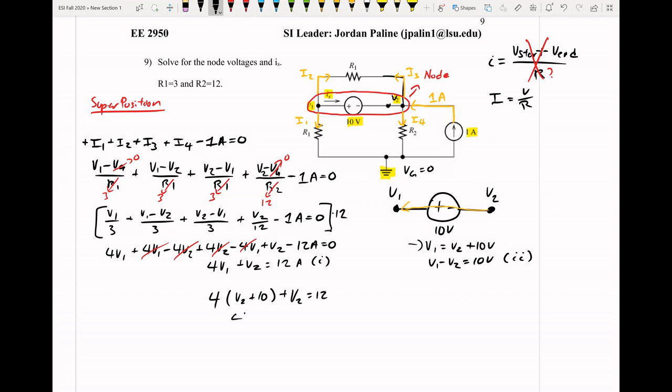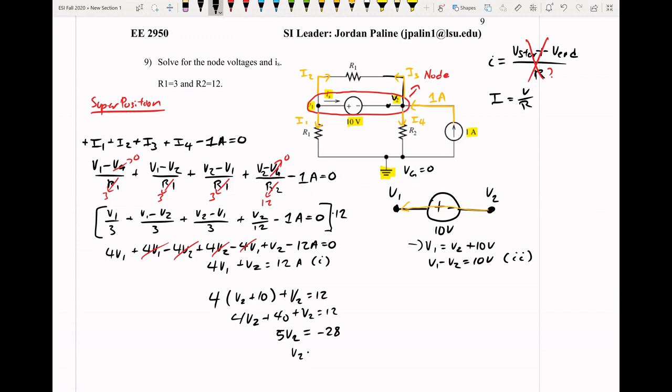So 4V2 plus 40 plus V2 is equal to 12. So 5V2 is going to be equal to negative 28.